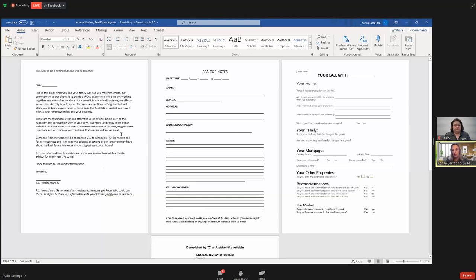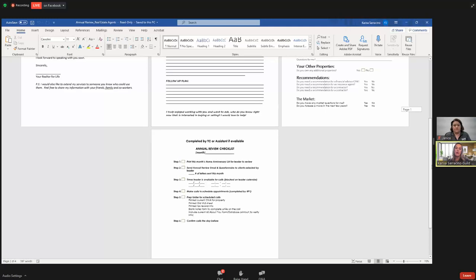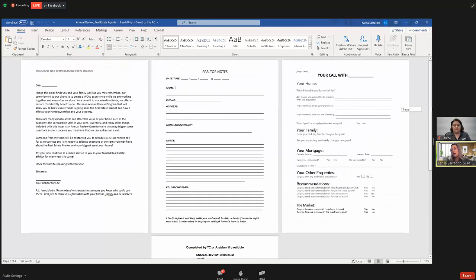You would then reach out to your clients, and here is a great little template so you can write down your notes about your call. It gives you a guide of what to ask, what changes have happened in their family, where their current mortgage is, so you have an idea. If you're doing a net sheet for them or something, how much they owe, and then just a little checklist. I know that a lot of us are sometimes apprehensive about calling people, so I think this is a great tool to get you started.